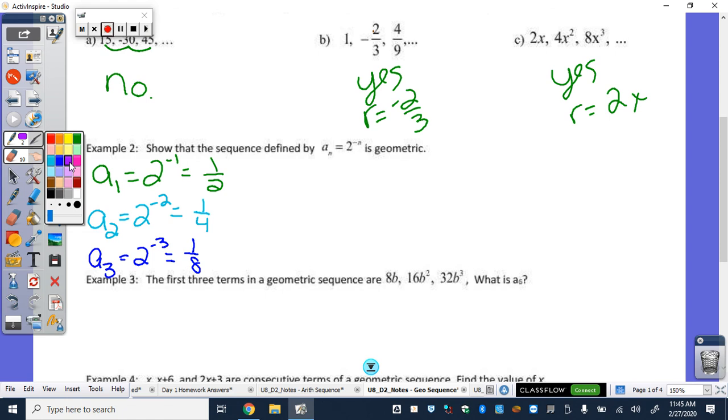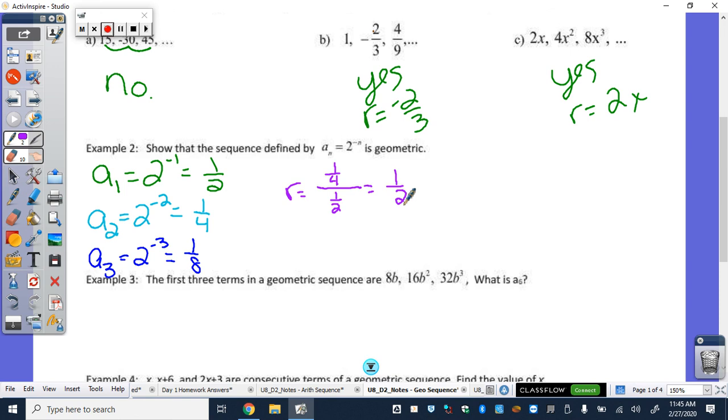So again, we were told to show that it's a geometric sequence. So the way we do that is by showing that it has that common ratio. So I'm going to take my second term of 1/4. I'm going to divide it by the first term of 1/2. What do we get when we divide that? 1/2.